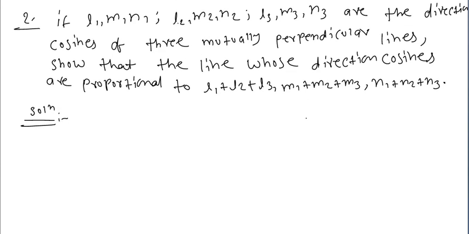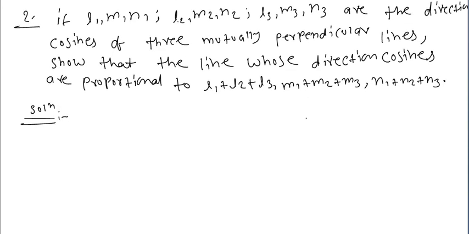And again, I have a very interesting problem. If L1, M1, N1 and L2, M2, N2 and L3, M3, N3 are the direction cosines of three mutually perpendicular lines, then the line whose direction cosines are proportional to L1 plus L2 plus L3, M1 plus M2 plus M3, and N1 plus N2 plus N3 makes equal angles with them.